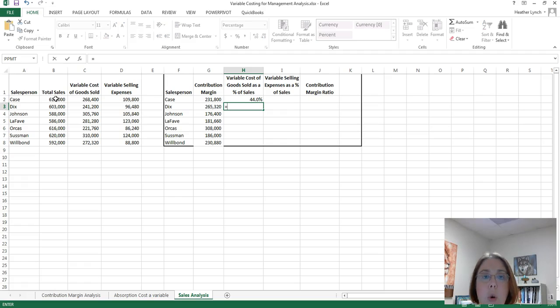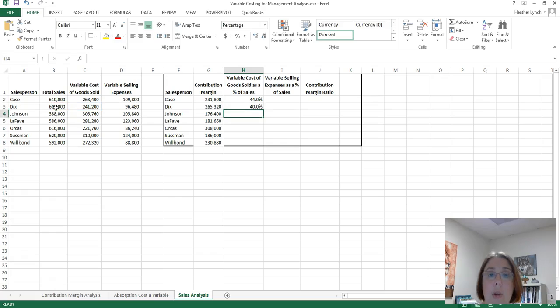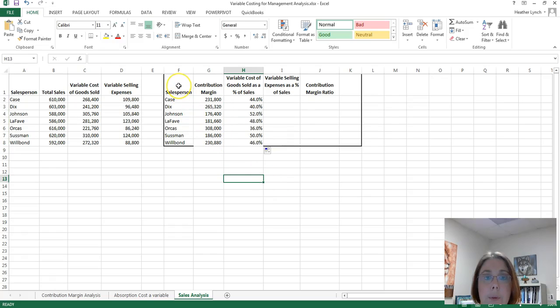So let me do one more before I just copy this down. So for Dex, we'll do 241,200 and we'll divide that by the total sales. Okay, so then we have each percentage.